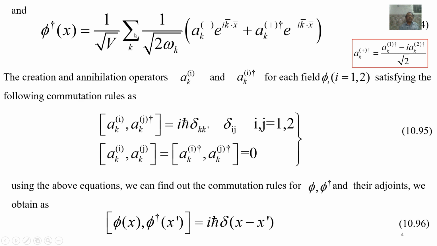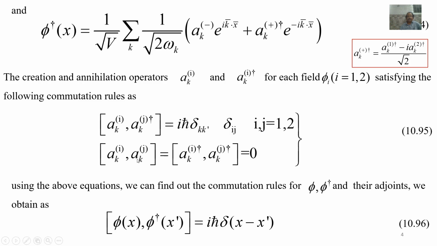So you have now phi dagger. So we have now phi and phi dagger in this equation. Now we are going to use the commutation rules. The commutation rules are given as equation 10.95. The commutation rule for your field operators is given as 10.96, and this is your commutation relation. That is the commutator of a_ki with a_kj dagger, which is equal to i h cross delta kk dagger, and delta ij, where i, j equals 1, 2.